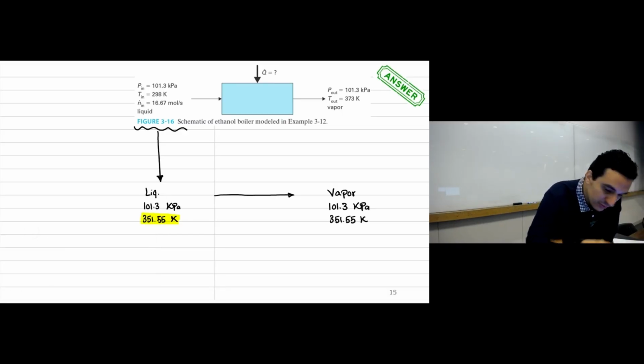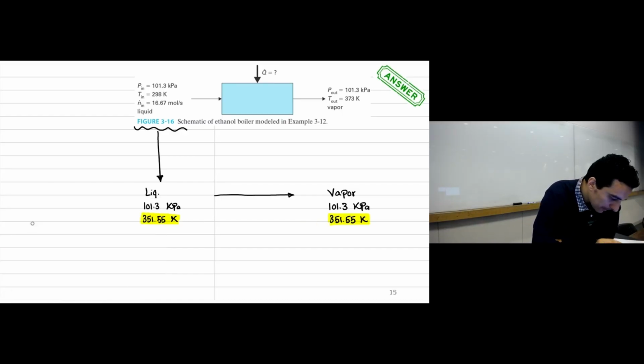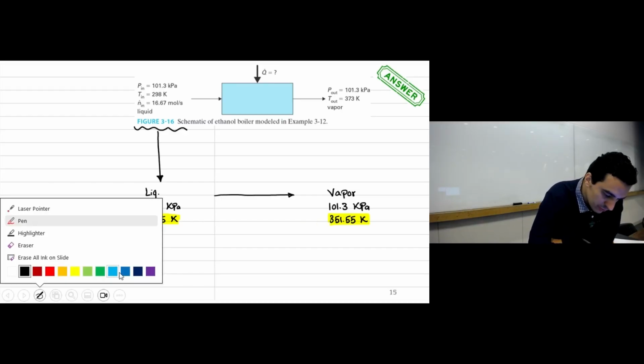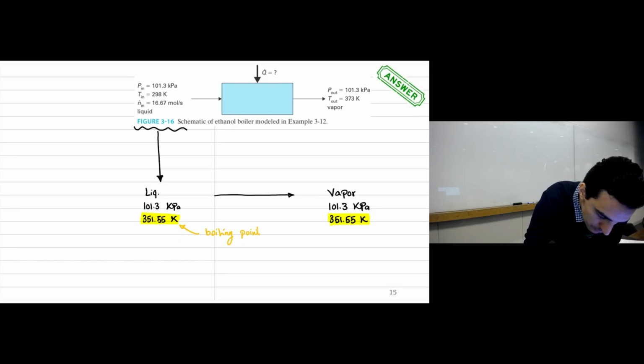351.55 Kelvin, and again this temperature here is the boiling point of ethanol at 101.3 kilopascal.